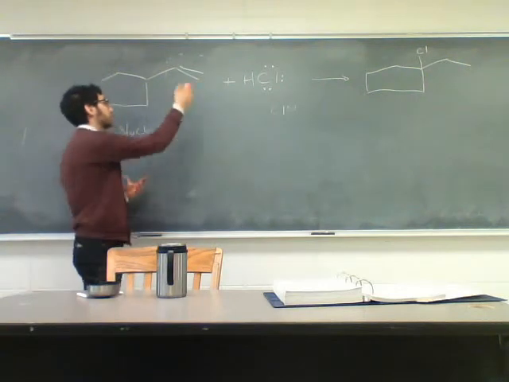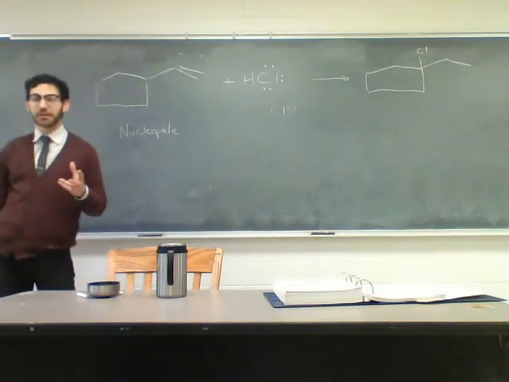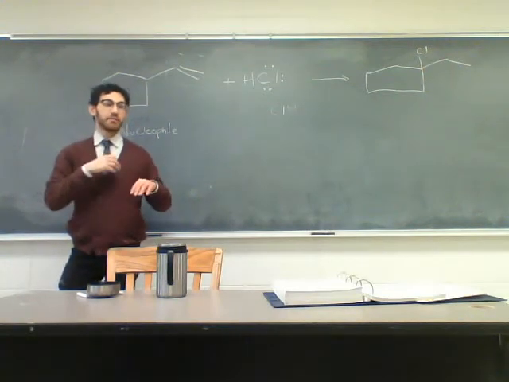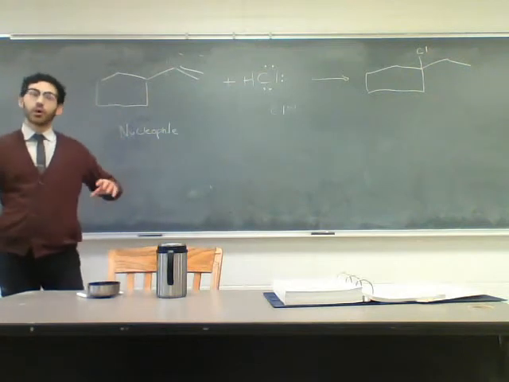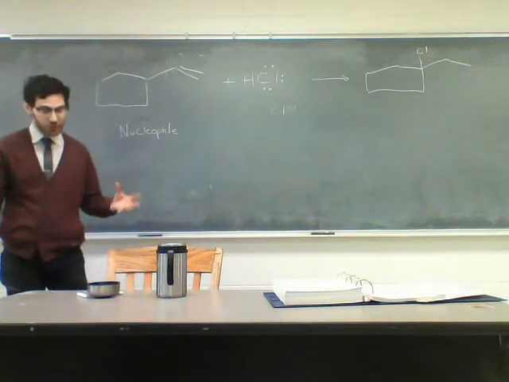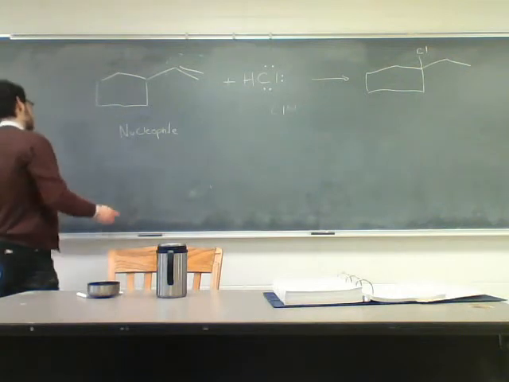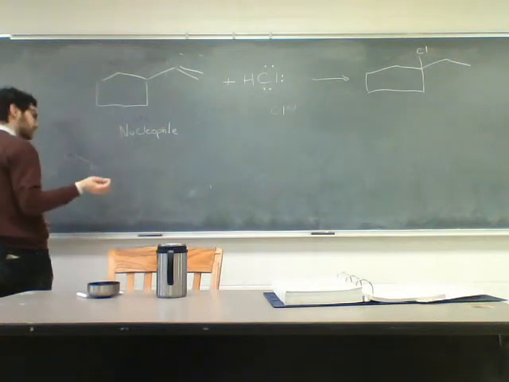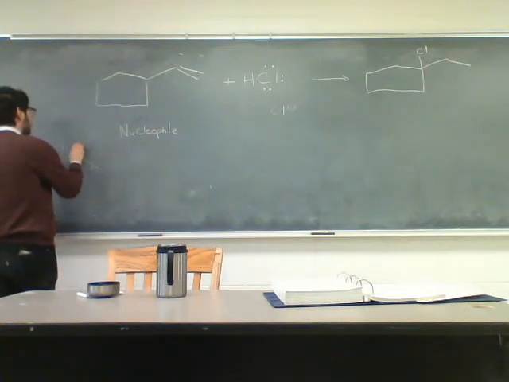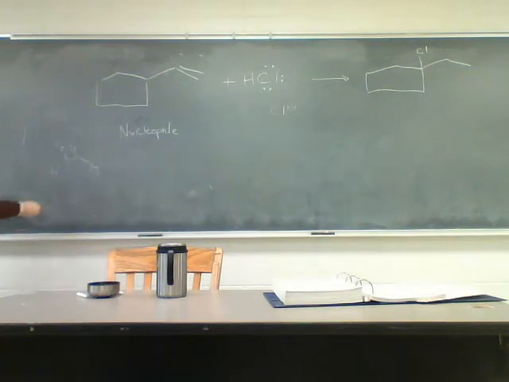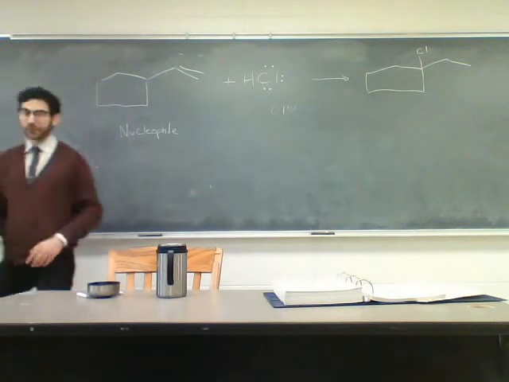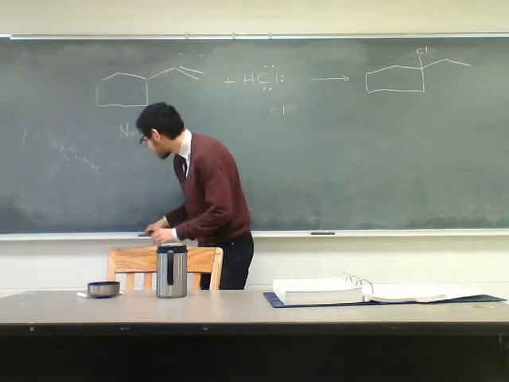This is either a double bond where there's excess electrons in that bonding region, or anions, species that have a negative charge and lone pairs, or even a partially negatively charged species that has lone pairs. So sometimes we might see just some plain old water. It's pretty rare, but every once in a while plain old water might act as a nucleophile, and that's because water has a significant amount of partial negative charge on its oxygen.